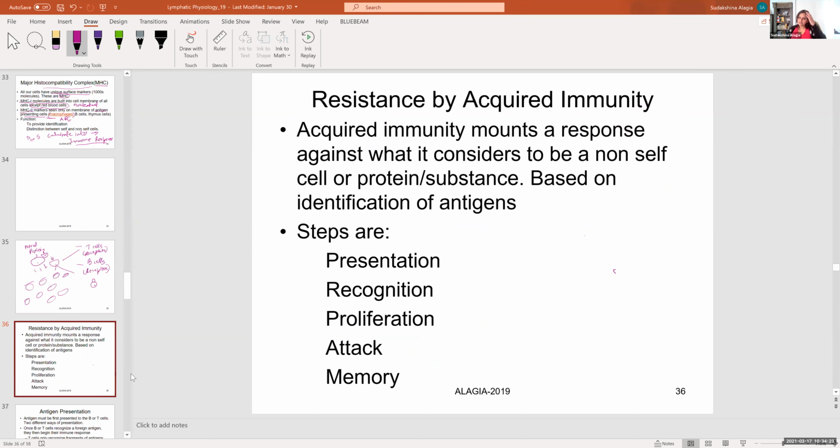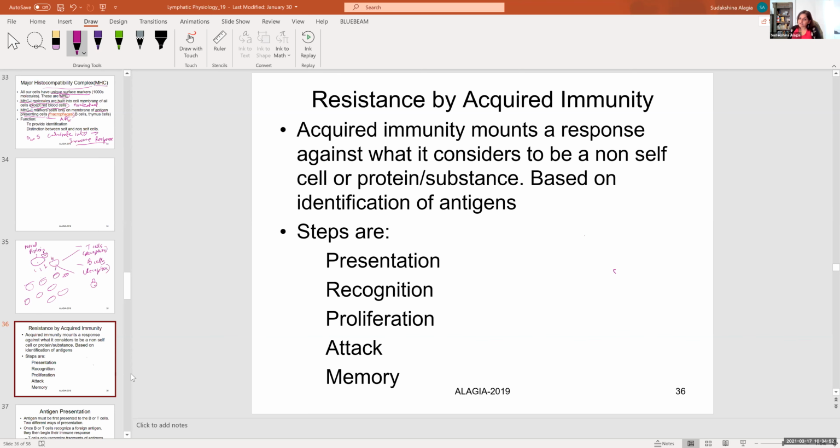So this is a sequential process. I kind of came up with this, but it makes it easier to put the CMI and AMI response. So acquired immunity mounts a response against what it considers to be a non-self cell or protein, like I showed, either a whole cell or just the protein that's discharged by the pathogen.